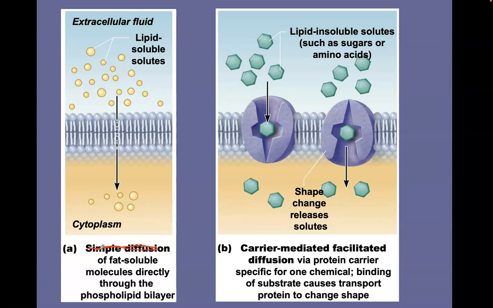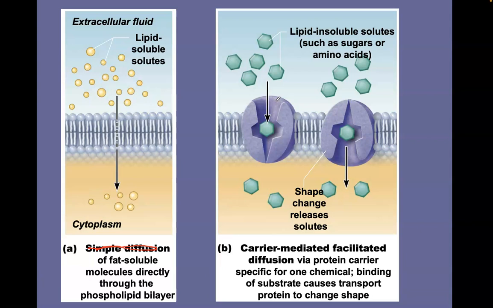Now, remember that water will still move across more slowly because it is partially charged. So it will move more rapidly across the membrane if it has a protein channel. And we're going to talk about that here in just a minute. When we talk about diffusion, there are these different types.